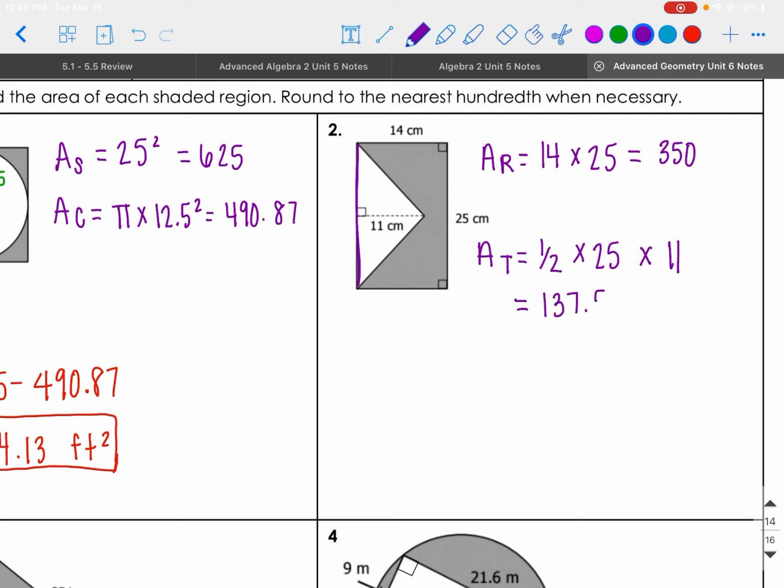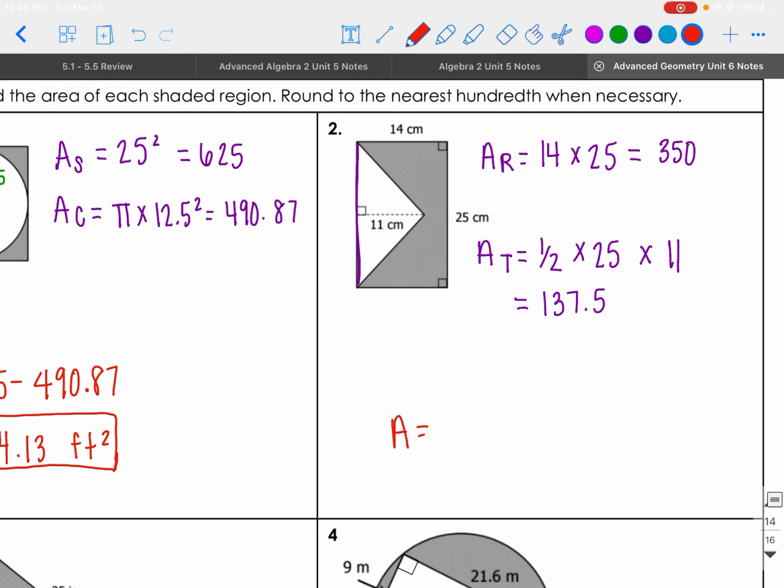And we get 137.5. So for my area of the shaded region, we take the rectangle, 350, minus the triangle. And that gives us 212.5.